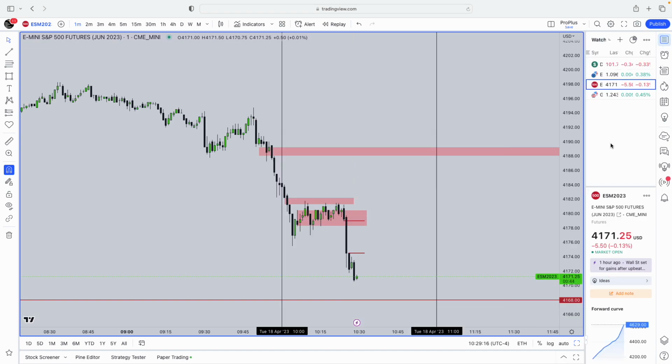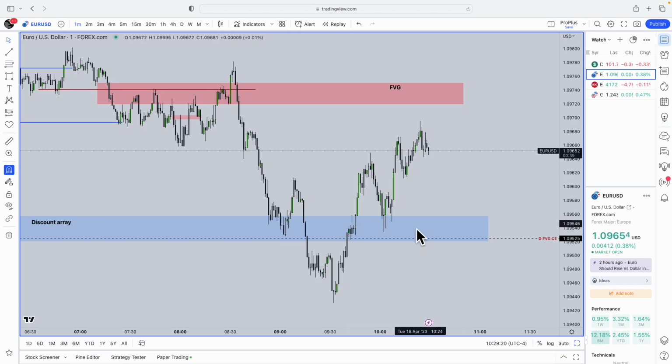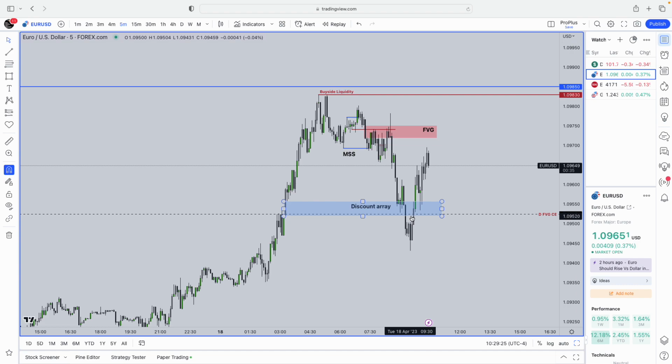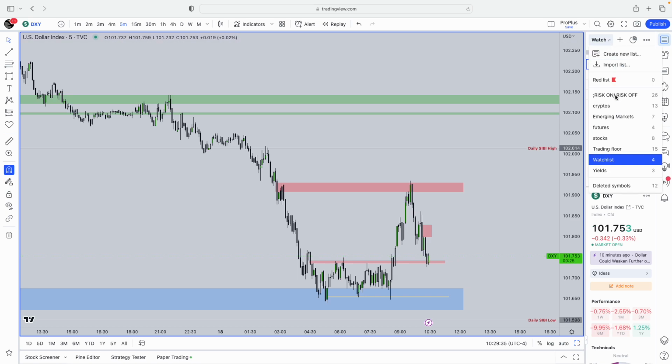Quickly just check EU. EU's bounced from this area here, that fair value gap. But bullish breaker, fair value gap bounce. But we see dollar bouncing from this and EU would head lower anyway.